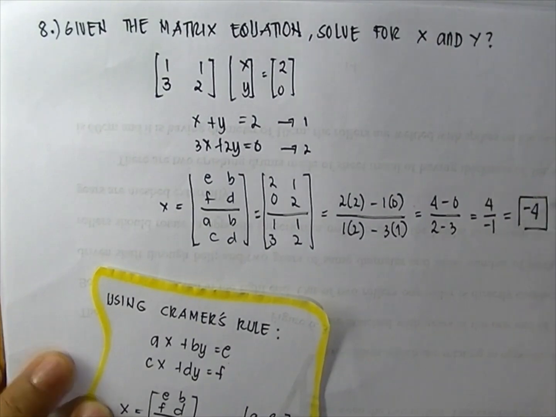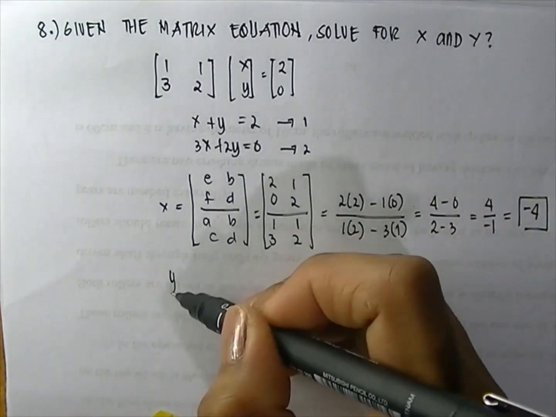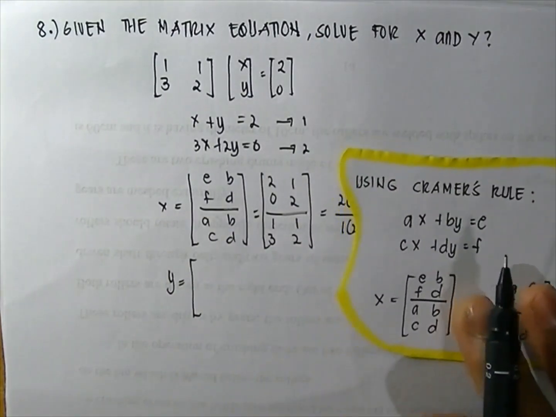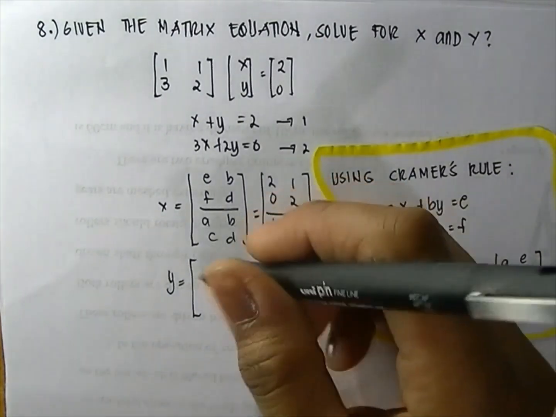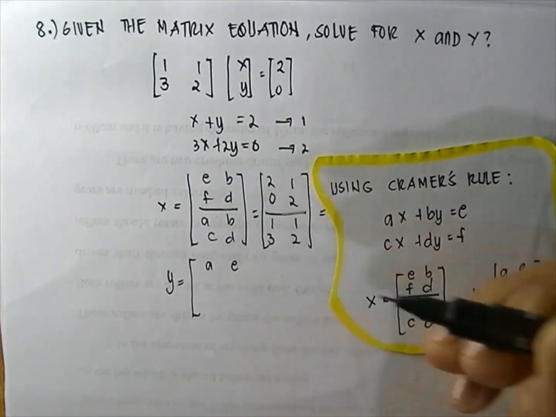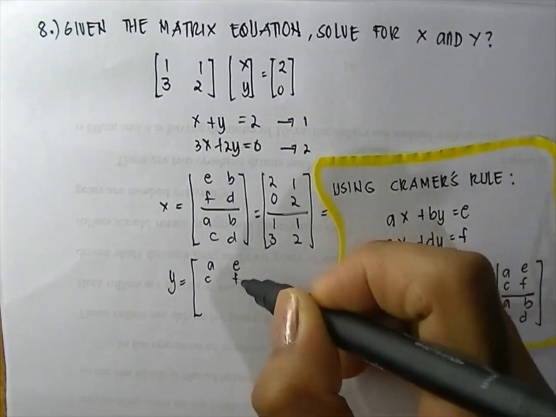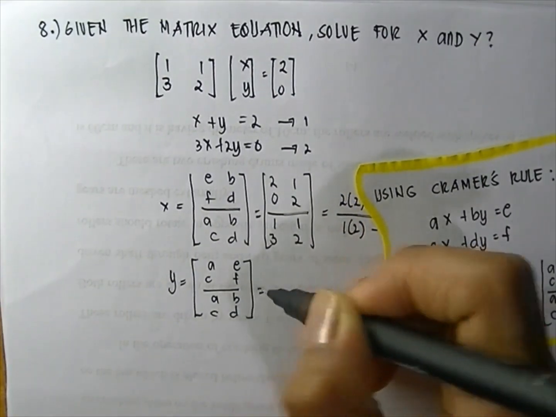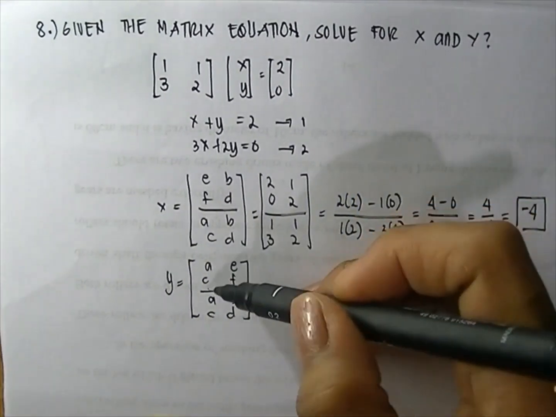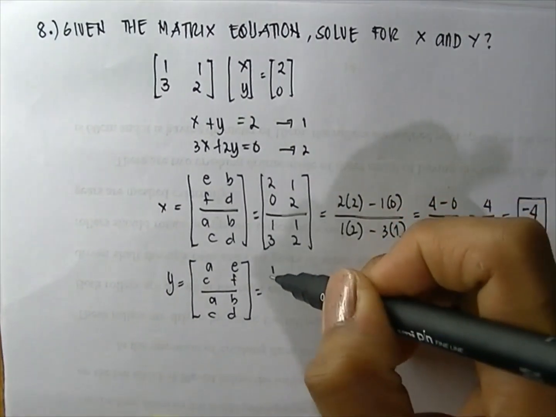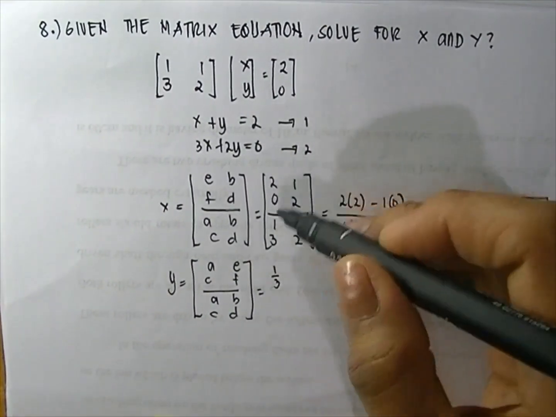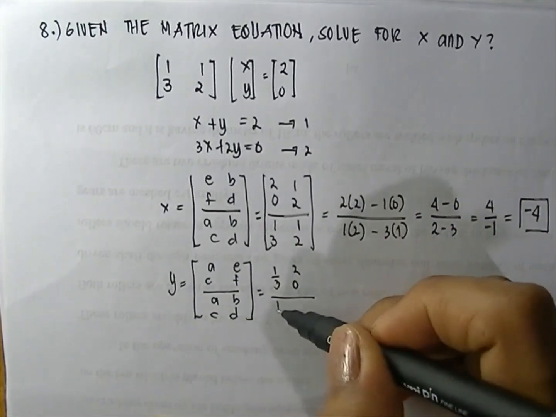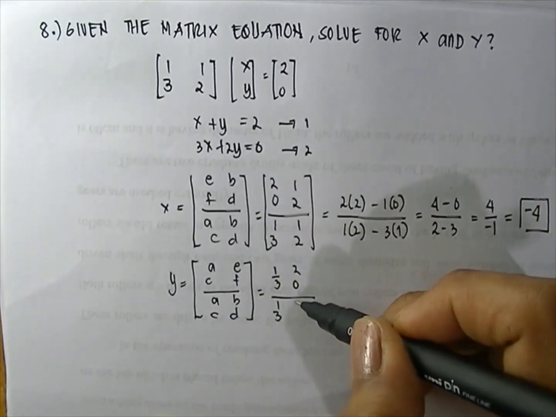And to solve for y, we have AF minus CE over ABCD. So, AC is 1, 3, EF is 2, 0, and BD is 1, 2.